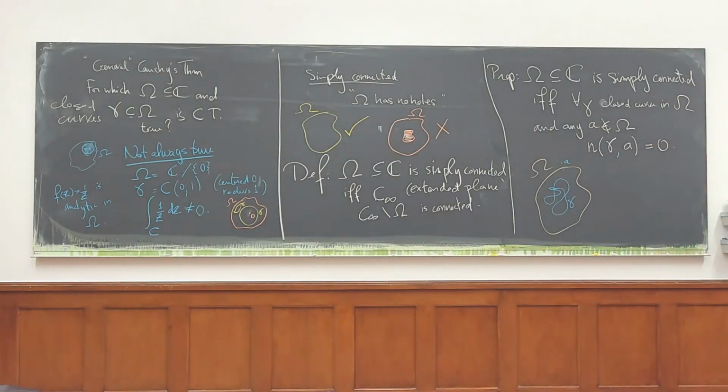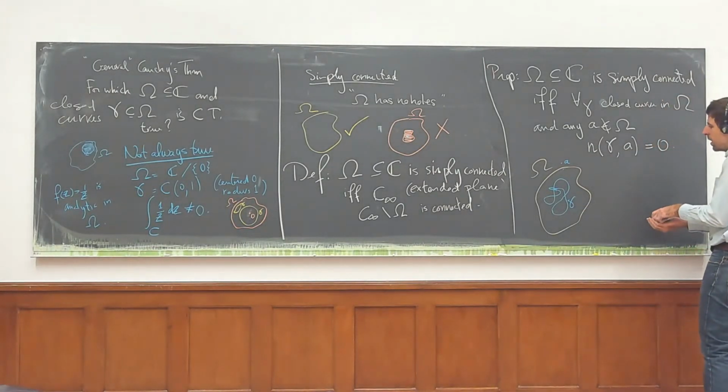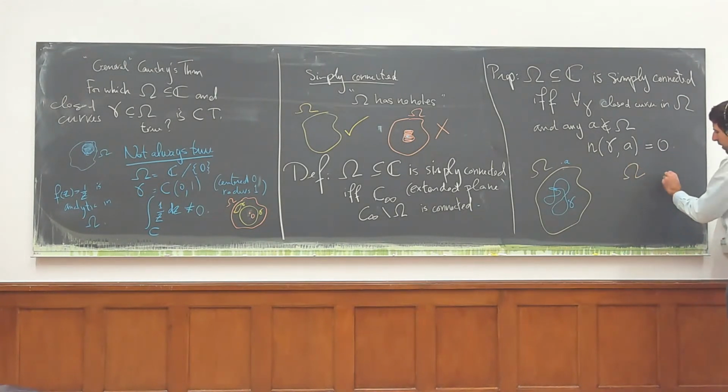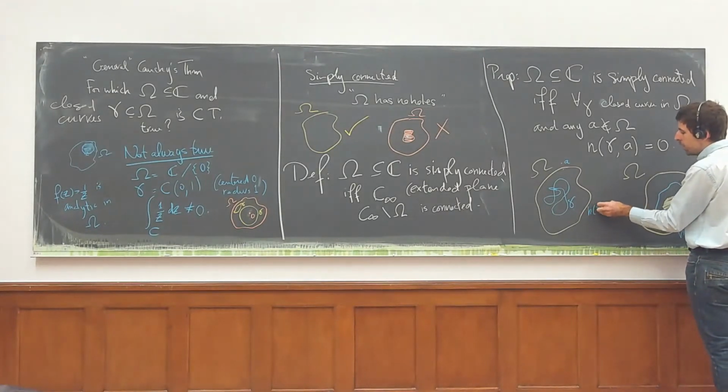Such a set would be simply connected, while a set that is not simply connected, take away this part, then I can definitely just pick a in this part here, and a curve gamma inside my set omega, and it will definitely loop around a. And a is not 0. In this case, the winding number is 1, while here it is 0.